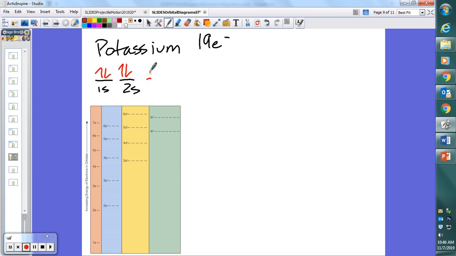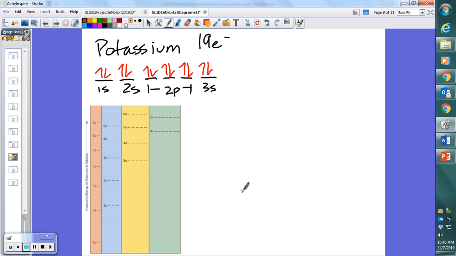All right, so then, oh, wrong color. 2p, all right? 5, 6, 7, 8, 9, 10. Okay, next one we come across is 3s. 2 electrons there, that gets us up to 12.